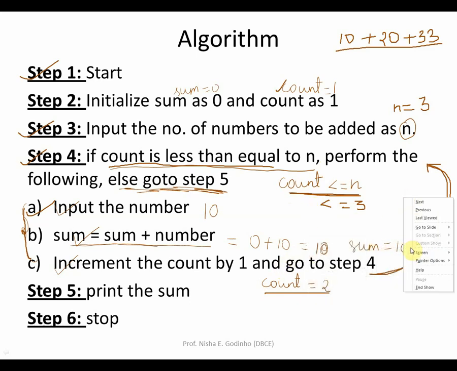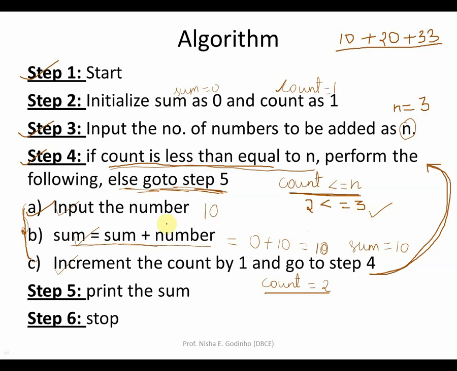It is having a different value, and that value this time is 2. So count second time is 2. So the condition to be checked is 2 less than equal to 3? Is it right? Yes, 2 is less than equal to 3.